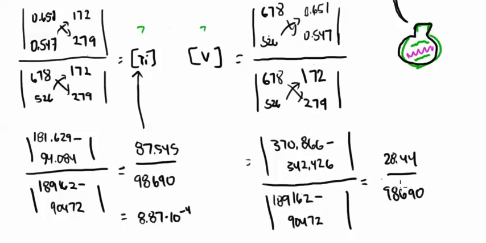So 28.44 divided by 98,690, and I hit enter on the calculator, and I'll get 2.88 times 10 to the negative fourth, and these are in molarities. So for titanium, 8.87 times 10 to the negative fourth, and for vanadium, 2.88 times 10 to the negative fourth. So that is how I solve the matrix problem on a sheet of paper using a calculator, which is my friend in this case.